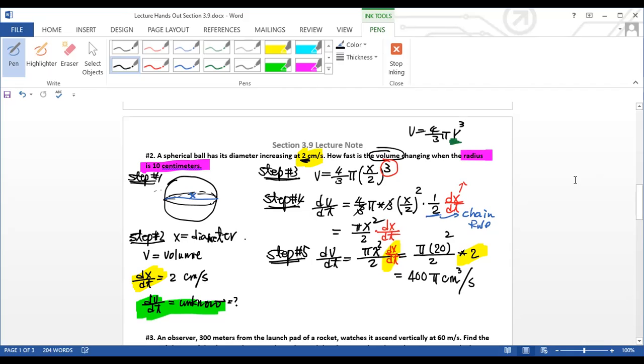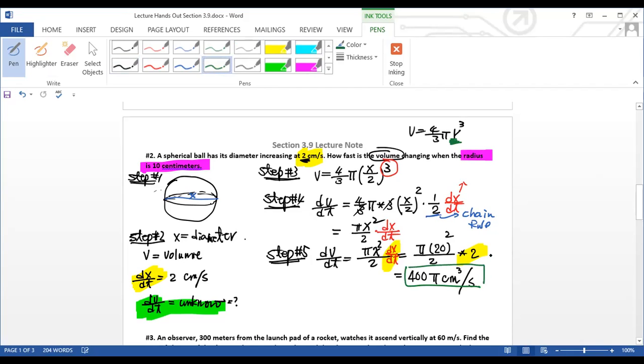That means if the diameter increases at 2 centimeters per second, then the volume of this sphere is going to increase at 400 pi cubic centimeters per second. Okay, so that will be your final answer.